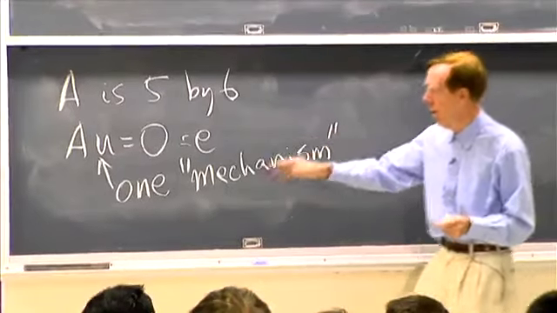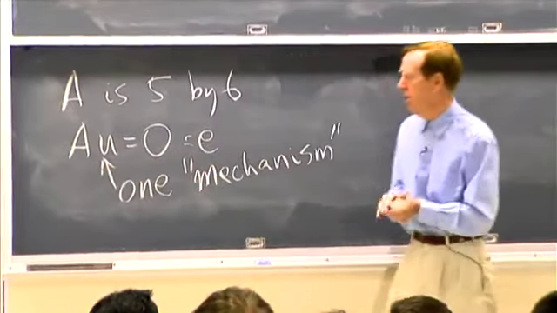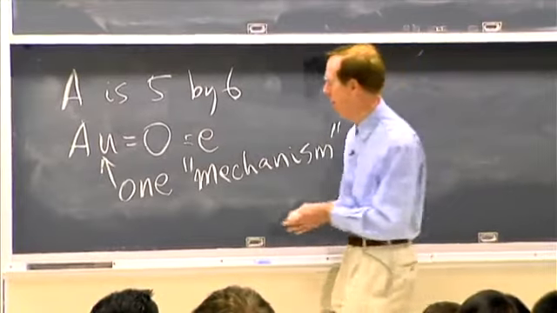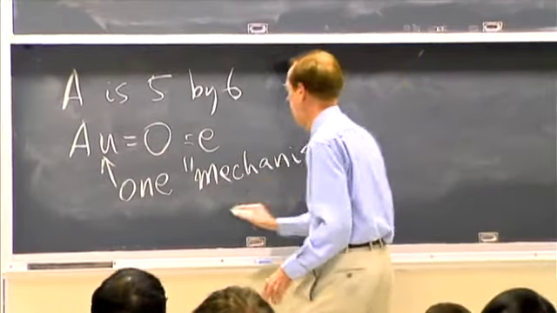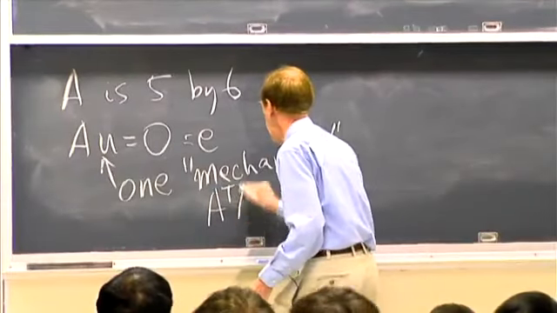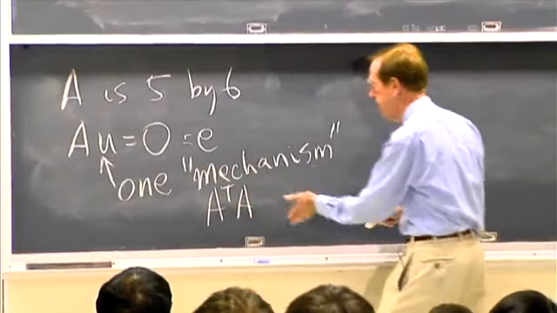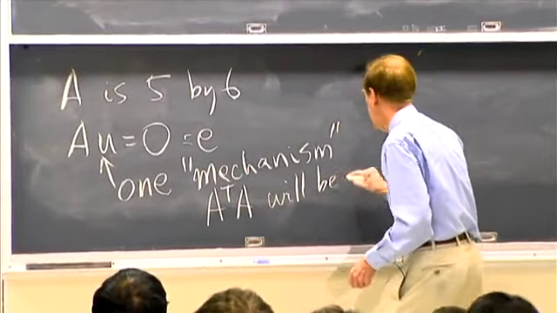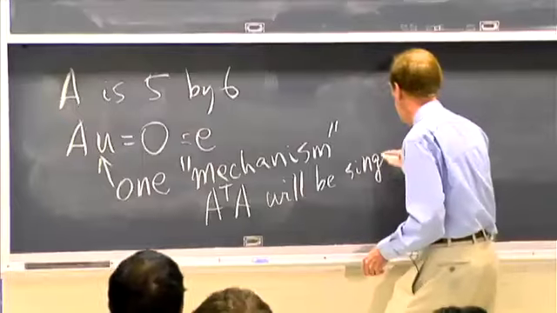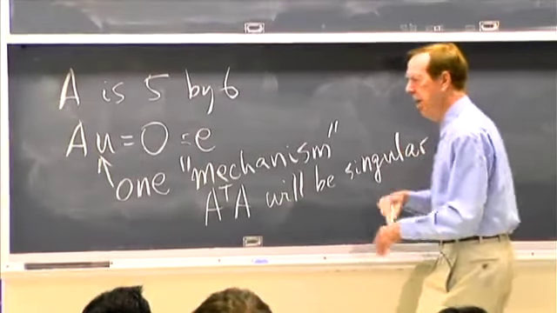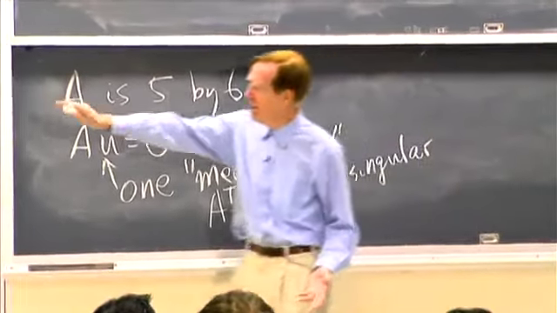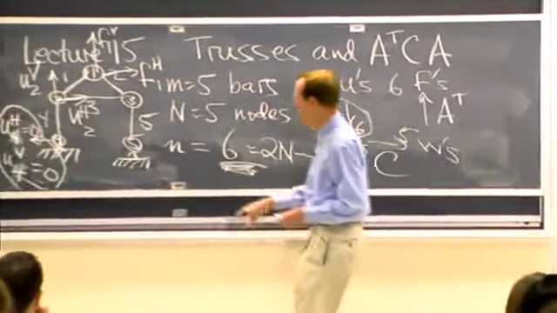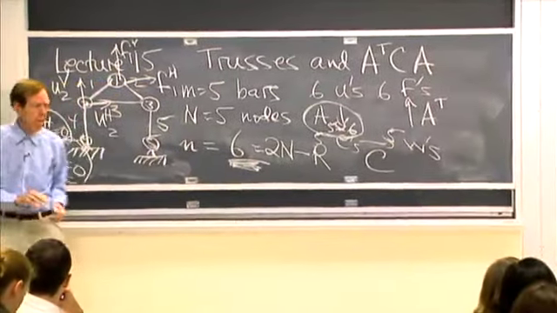That, of course, always, if there's a solution to that, that's always telling us that A transpose A, or A transpose CA, if C couldn't save it, will be singular. It's like our free thing in being singular, but the picture doesn't look free, does it? It's got supports in here, just not good enough.